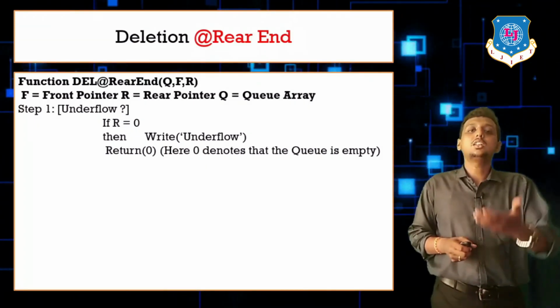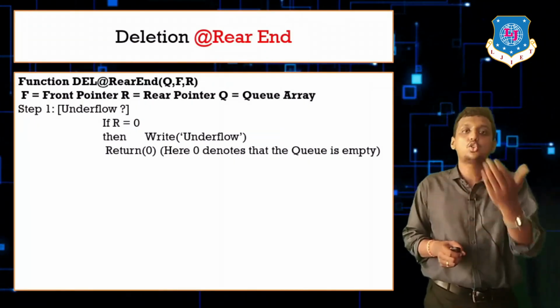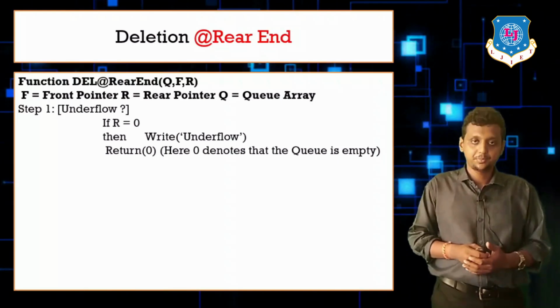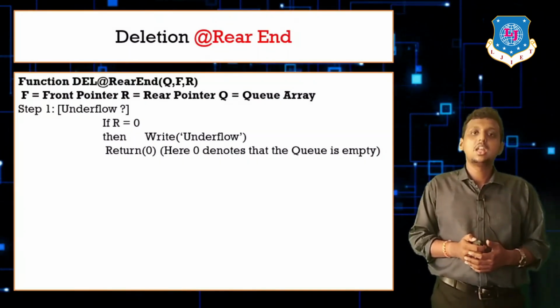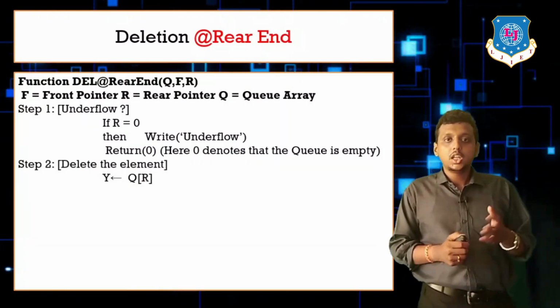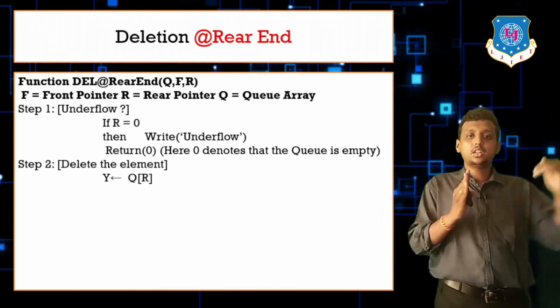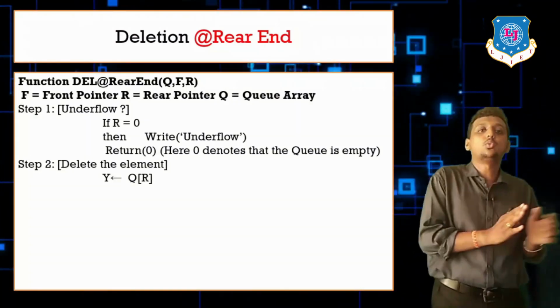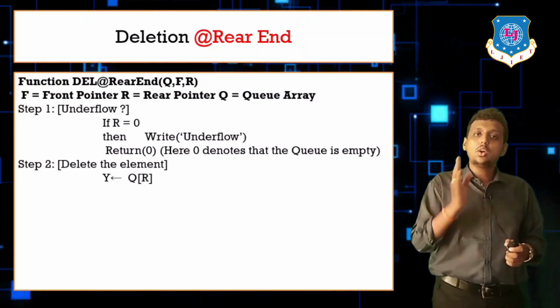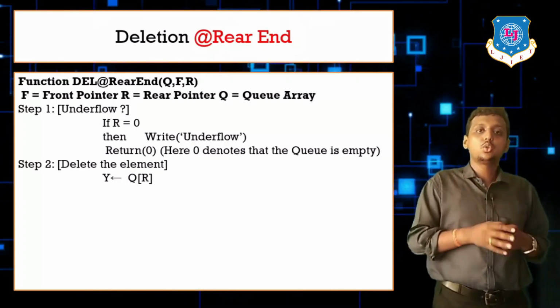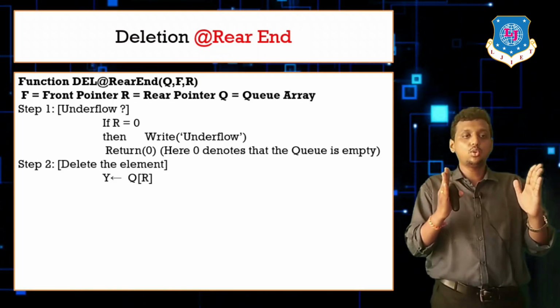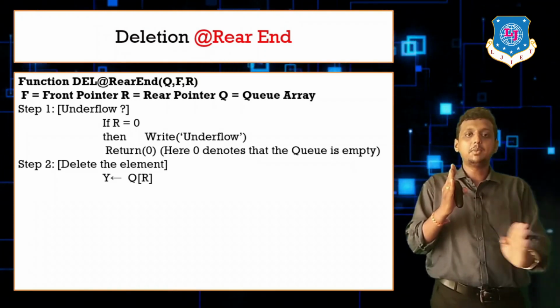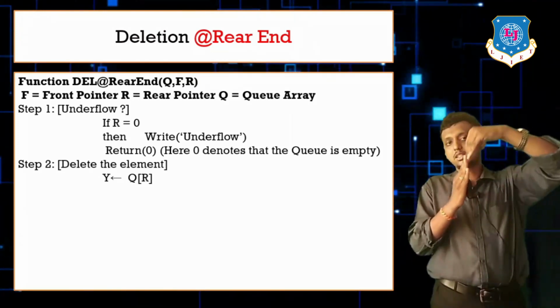Okay, so here the rear is equal to 0, then you should write your Q is empty and return 0. Else, what to do? You need to assign the value of q of r to y. So after assigning the value of q of r, your rear will be decremented like this.